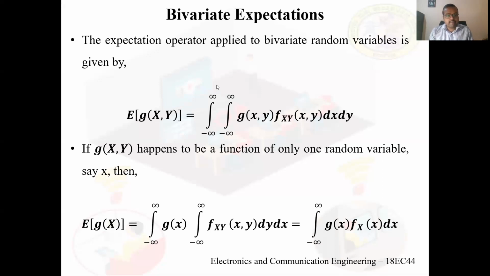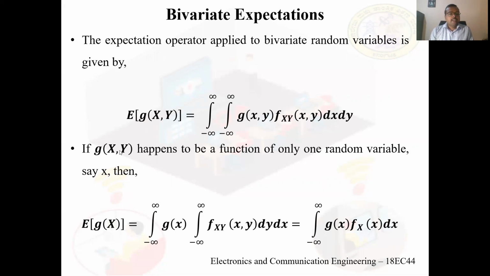Now for bivariate random variables x and y, where g x comma y is a function of random variables x and y, the expectation is given as E g x comma y, which is equal to integration minus infinity to infinity, integration minus infinity to infinity g x comma y f x y x comma y dx dy here.